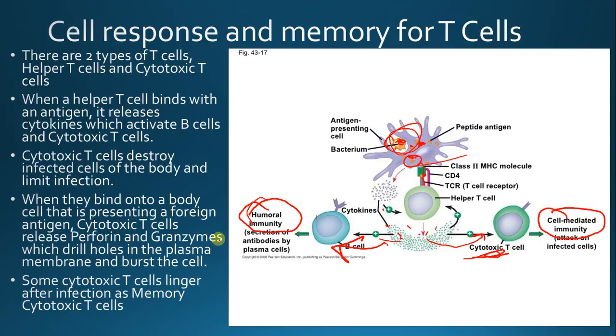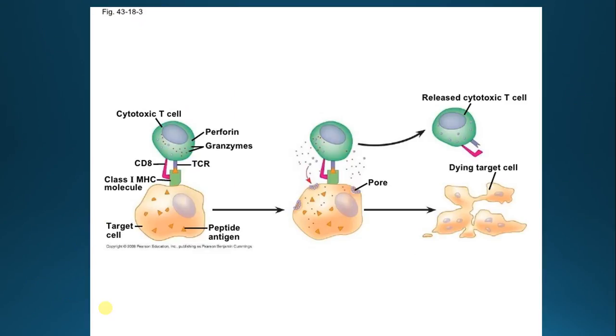All right? And some of those cytotoxic T cells will also linger after the infection and form memory cytotoxic T cells, much like memory B cells, so you can have a faster cell-mediated response later on. So here's a picture of a cytotoxic T cell binding to an MHC complex presented by one of your body cells.